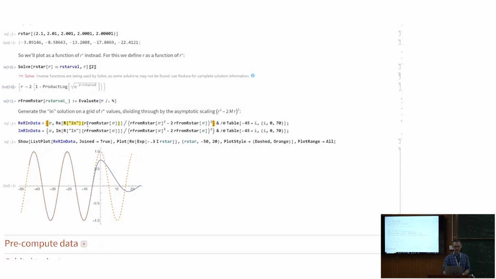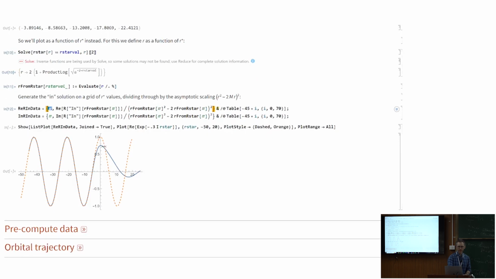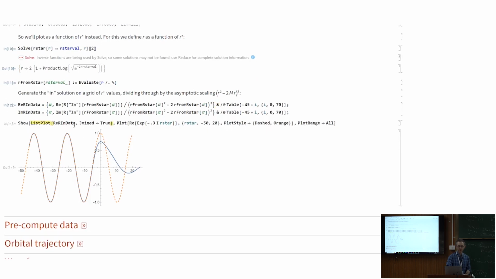I'm again generating data, but now the x value here is R star rather than R. And I'm going to plot that alongside just this exponential, e to the minus i omega r star. And so again, you see they overlap extremely well once r star is sufficiently negative. And then they totally disagree once you get above r star equals 0.